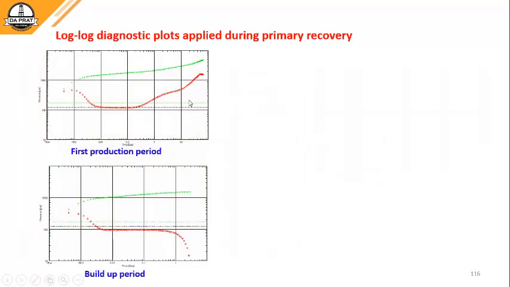Okay, for the first drawdown period, let's show some plots like the one here. This is the first production period before the build-up, and after this production period, we shut in the well for a build-up, trying to get the reservoir pressure. You see here that there is a deviation from radial flow, as you can see here, and then eventually this one here.